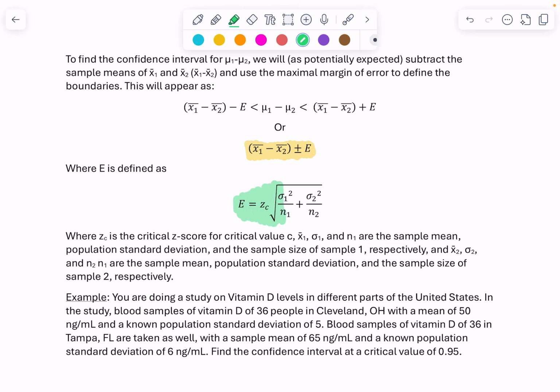We're going to be taking our z critical value. So here we're working with z. We're not even talking about the t-distribution, the student's t-distribution that we talked about earlier.